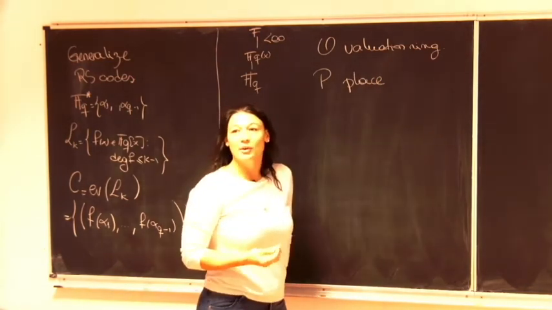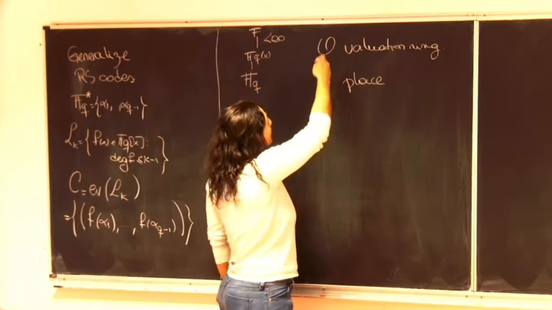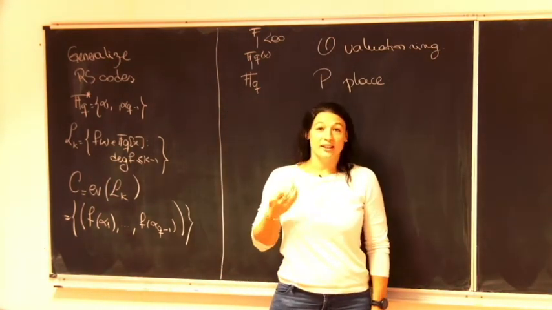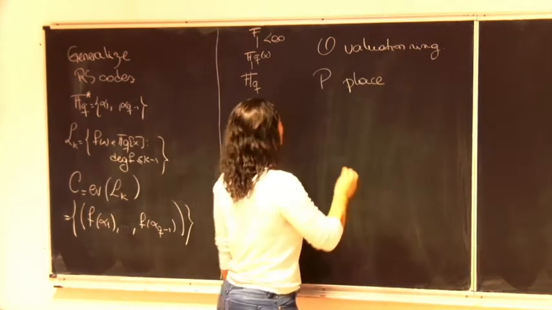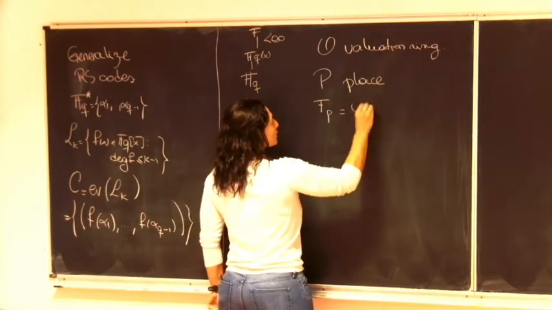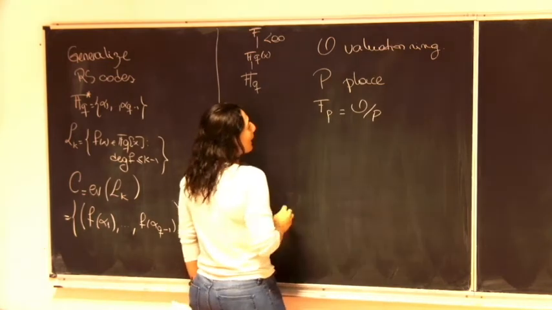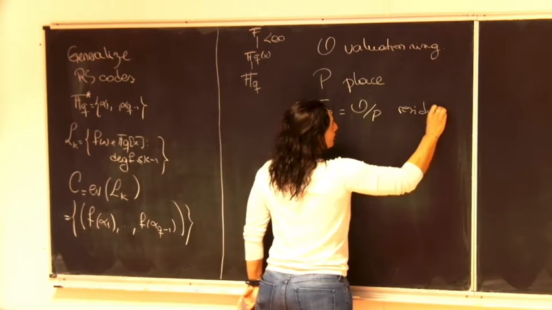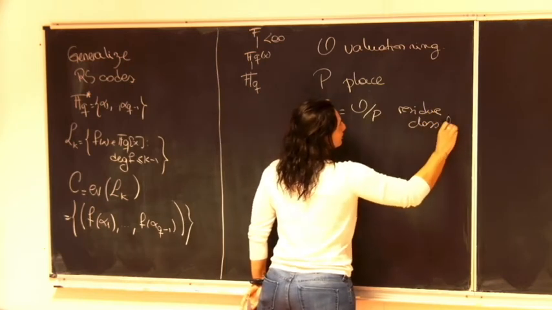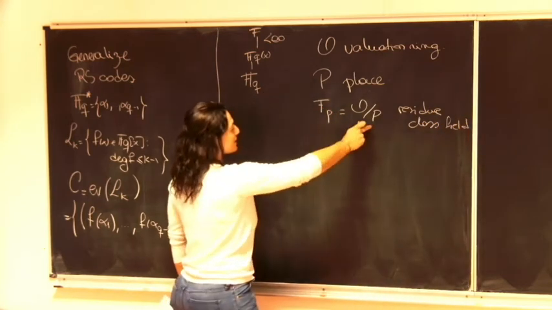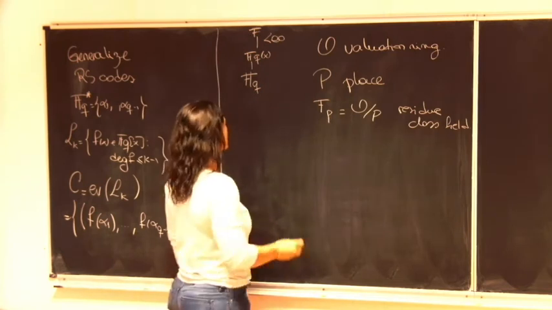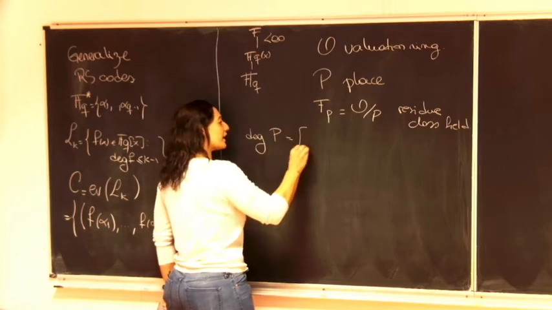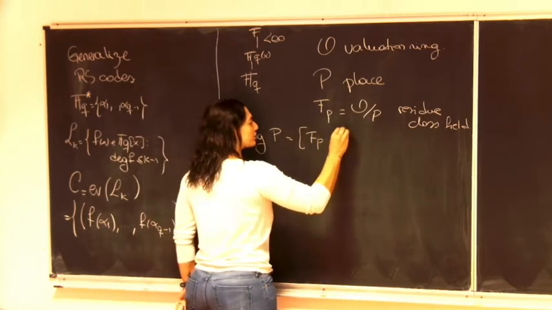With this, seeing the quotient, we could define the residue class field Fp, which was O over P, and that was a field, the residue class field, because P is maximal, and we said that the degree of the place was defined as the degree of this extension.